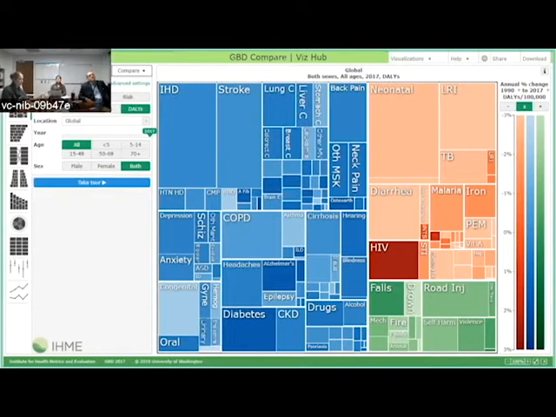And what you see here is what we call a tree map, or a data visualization of the world's GBD. What you see in blue is chronic illness. What you see in pink or red is maternal, nutritional, neonatal, and child disorders. What you see in green is injuries or conflict.